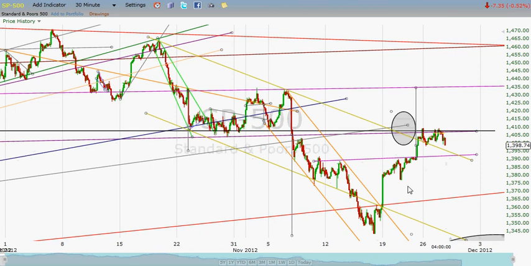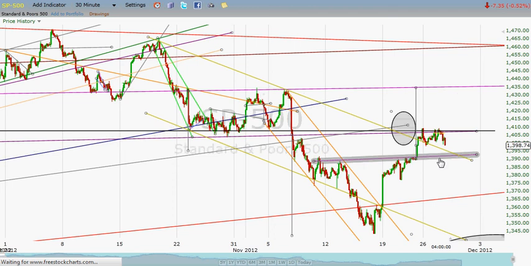But if it does, I don't think it's going to be a major swing. Because if it gets up to this level, up here at about 1436, then that will mean that there is likely to be another test of this level at 1436 that was tested twice in earlier November. So what am I saying?